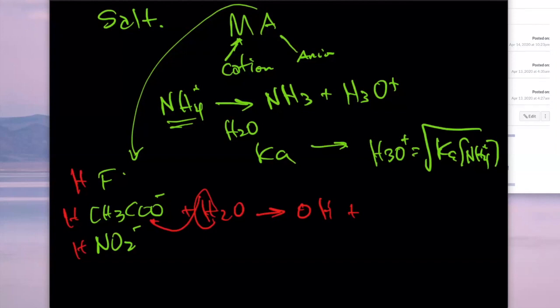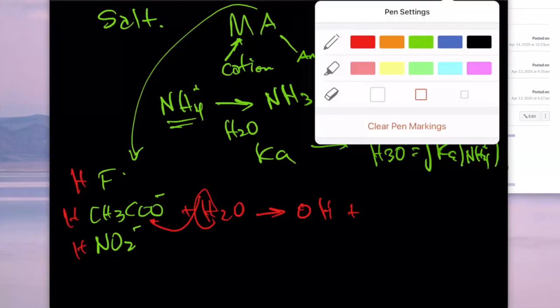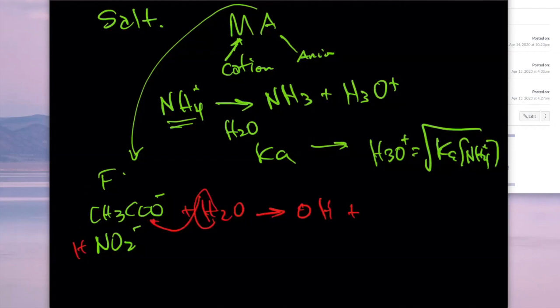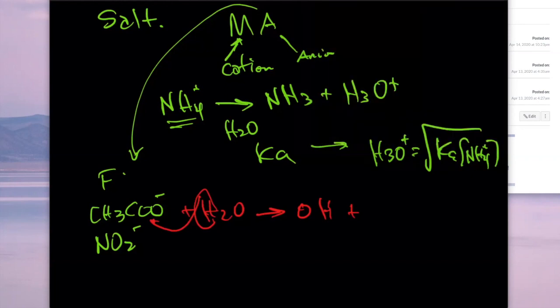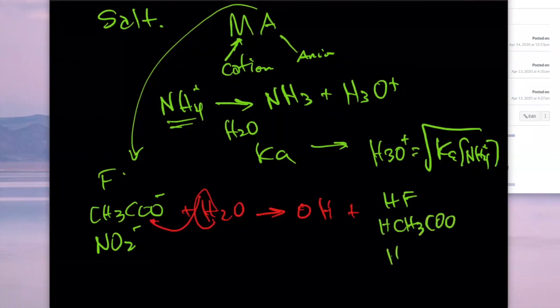So let me erase this so there's no confusion. Okay, you get the weak acid forming, and you get HF or HCH3COO or HNO2. The fact is, you get hydroxide, and so you can say Kb is equal to the square root of, sorry, not Kb, hydroxide.